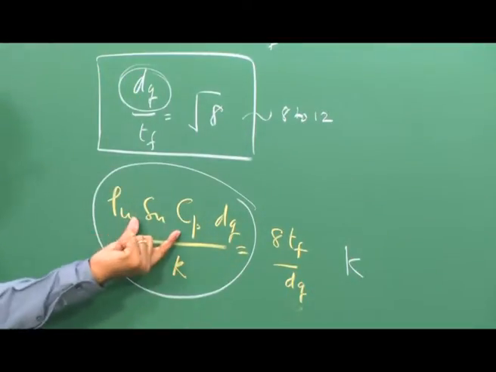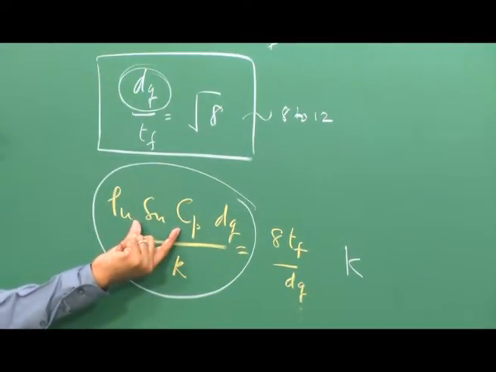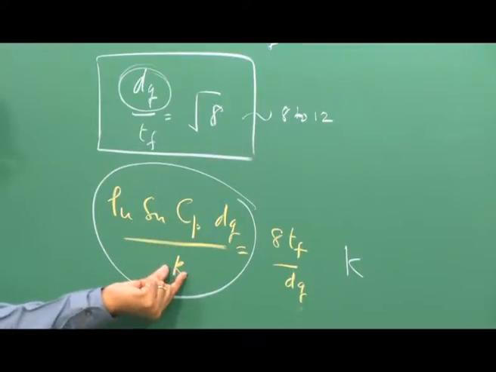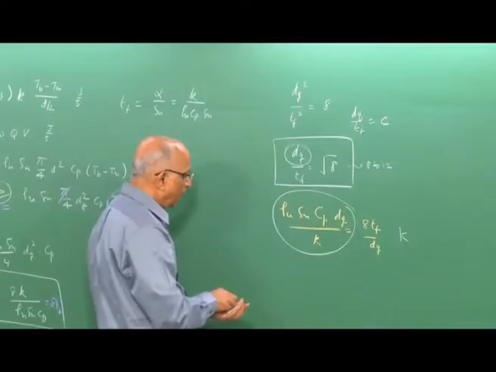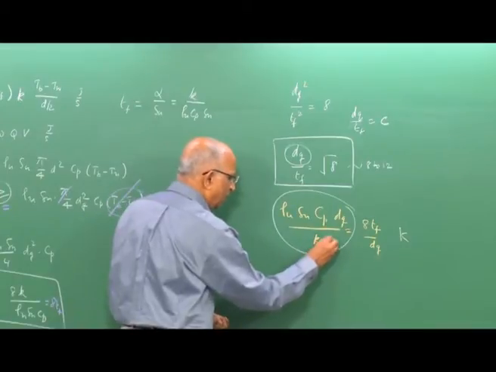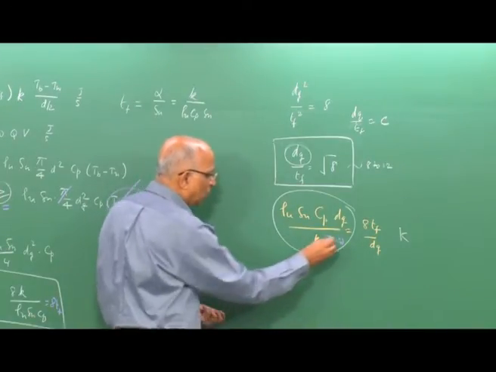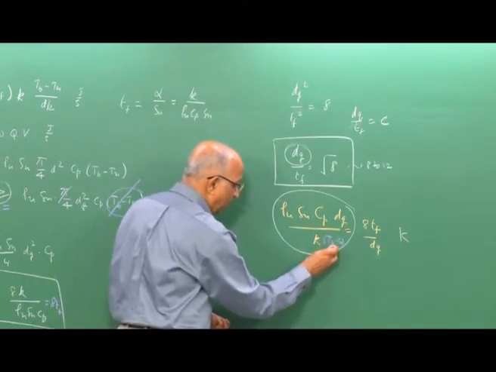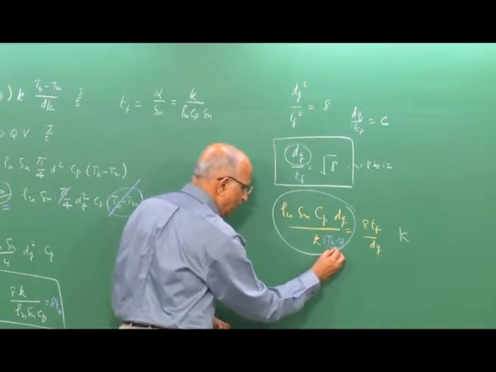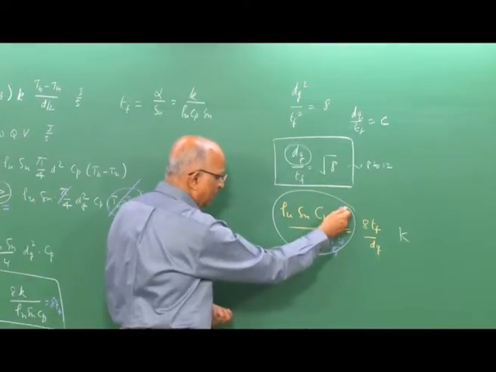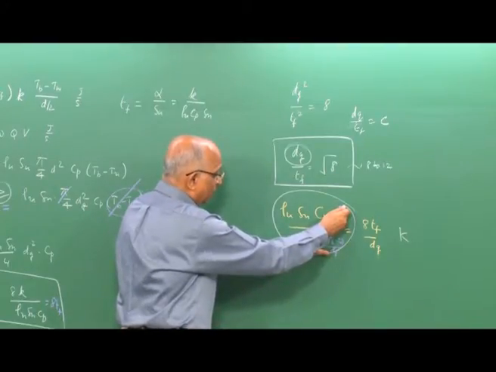And what is this representative? Let's take a moment off and take an expression this. At the bottom I have thermal conductivity. If I were to multiply thermal conductivity by something like Tb minus T ambient, and I also bring dq from top at the denominator over here, such that I eliminate this, it gives the conduction heat transfer.